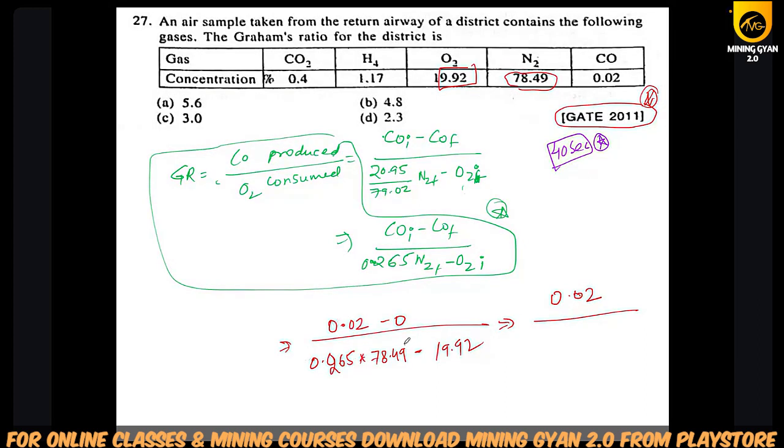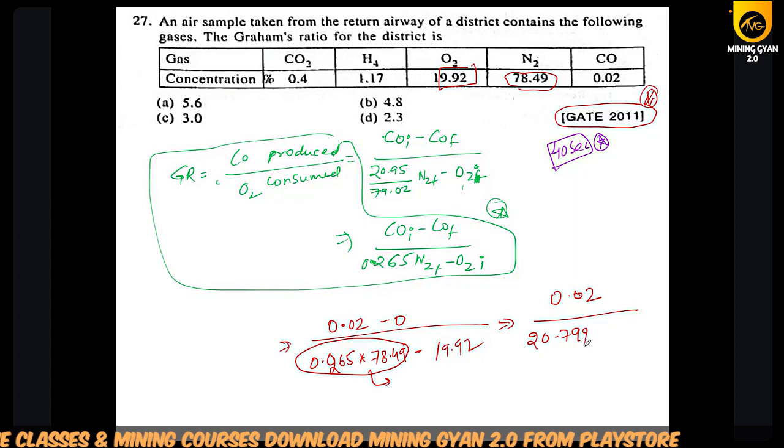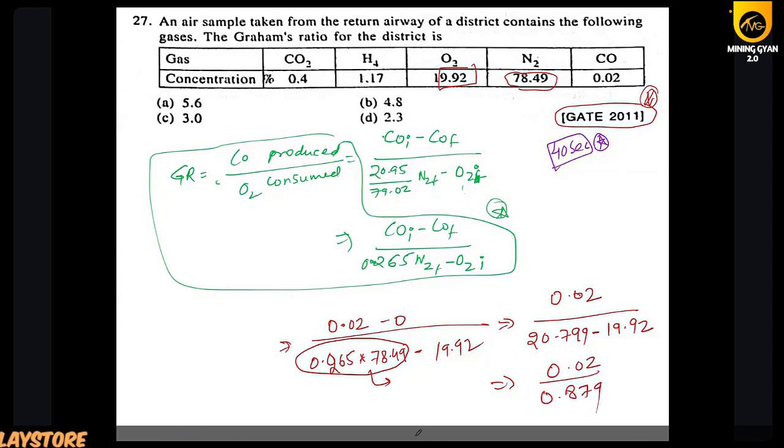And when we multiply both of these, it will come 20.79 approximately minus 19.92. When we subtract it, it will be 0.02 divided by 0.879.